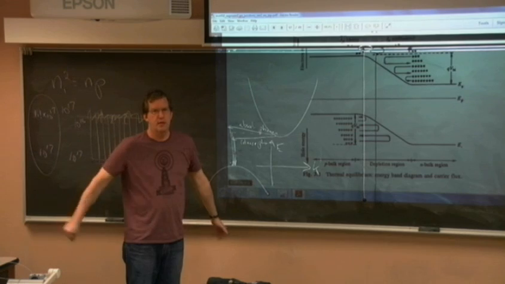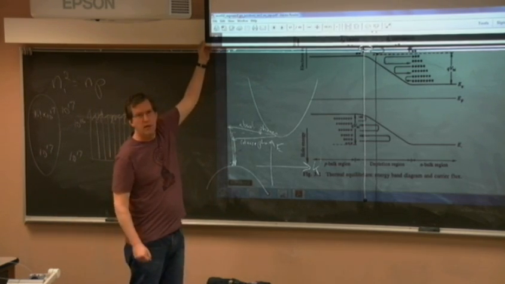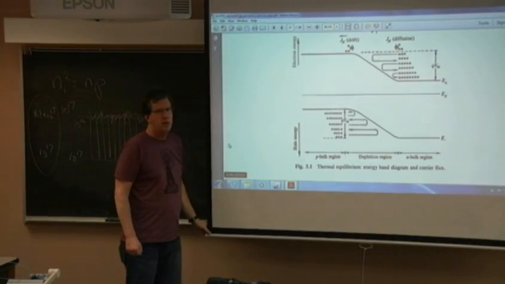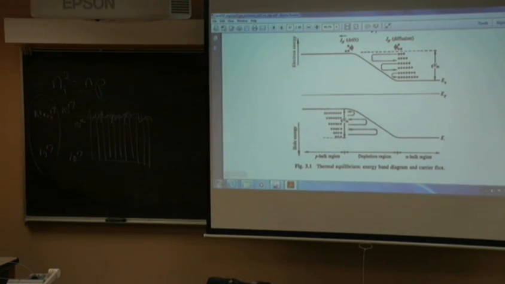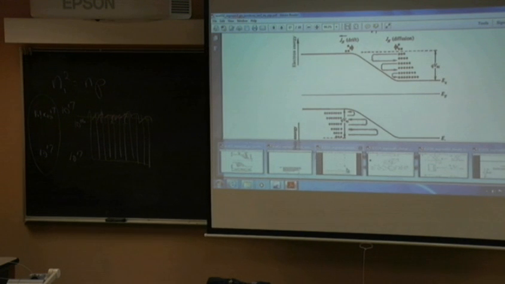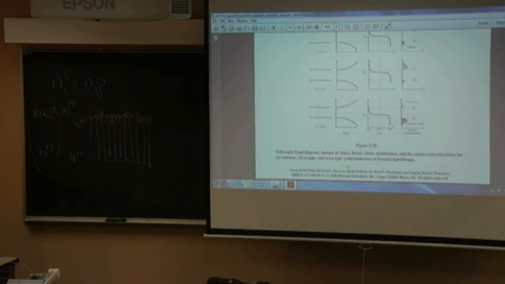Yes? In intrinsic, extrinsic, and ionization graph, the dotted line that follows the intrinsic, what's that? Oh, that's just an asymptote. I'm not sure I can find that quickly.